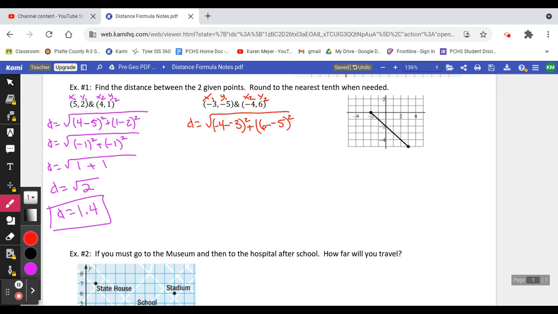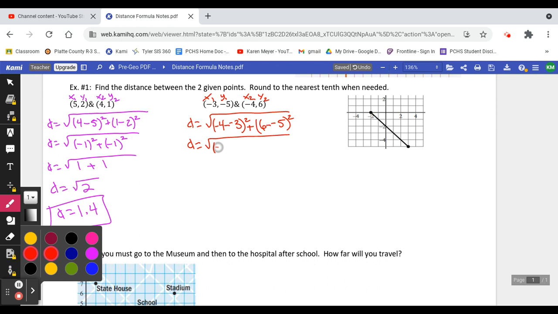Well, what happens with minus a negative? Well, minus a negative will switch into a plus. So you're looking at negative 4 plus 3, quantity squared, plus 6 plus 5, quantity squared. So remember, minus a negative turns to positive.